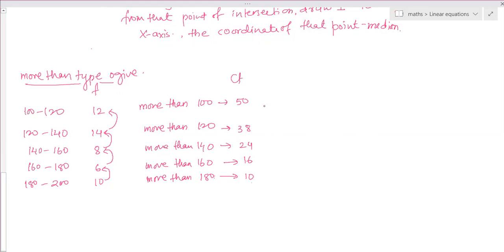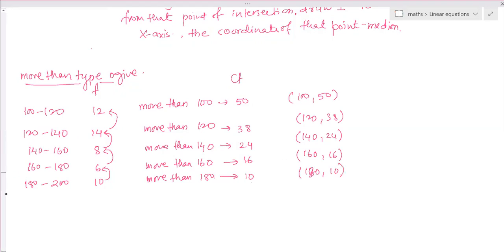So you are finding the cumulative frequency, but from last to first. And then the coordinates: 100, 50; 120, 38; 140, 24; 160, 16; 180, 10.